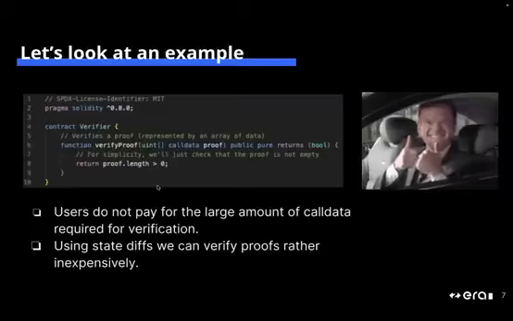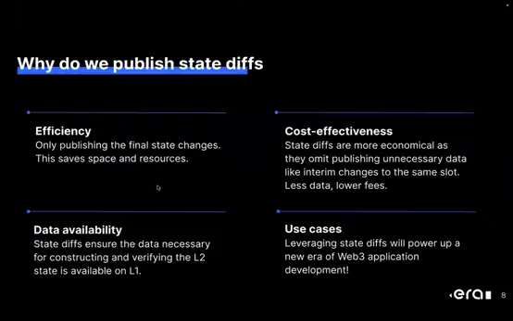So now that we are experts on state diffs, why do we publish state diffs? What's the reasoning here? Well, efficiency is a key property of why we publish state diffs. Only publishing the final state changes saves space and resources. Again, consider a batch of transactions that changes the state.